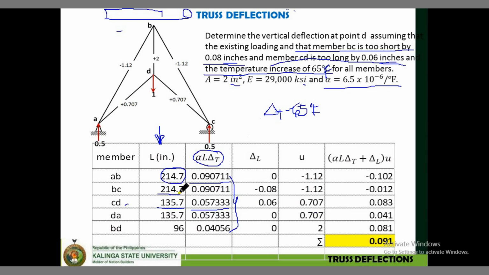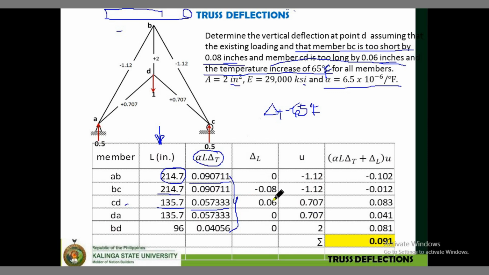Bitin siya by 0.08. Si member CD, too long by 0.06, meaning mahaba siya by 0.06. Now, from those words na too short, so minus, then too long, plus.